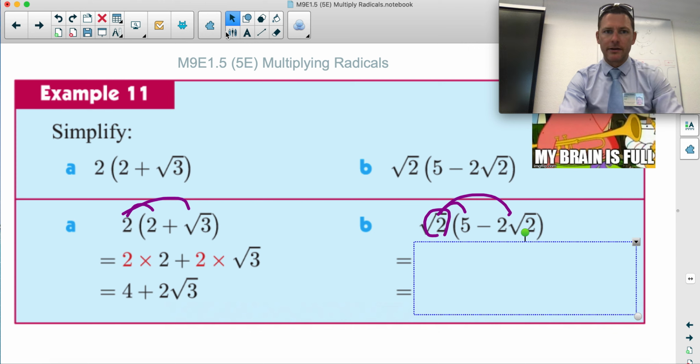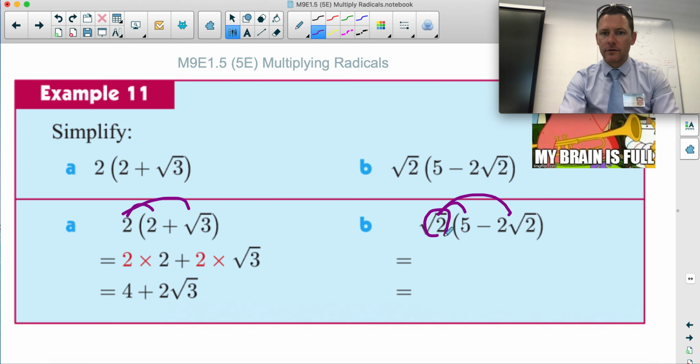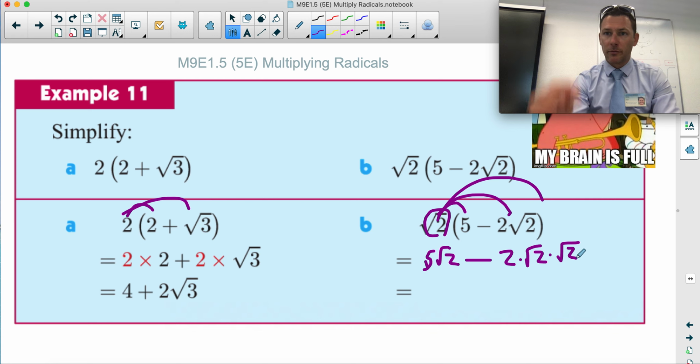Let's slow that down just a touch. So this is root 2. This is 5 root 2 at the beginning. I hope that part's okay. And this is minus. Here's this 2. Here's this root 2. And here's this root 2 being multiplied in at the end. Some of you will do it like that in your head. Some of you want to lay it out.